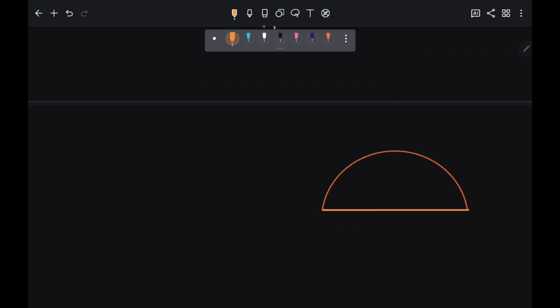Now from the top of this dome, let us take the disk starting from this point. It is leaving at an angle theta. This is the initial position where it starts from rest, and it is going with velocity v.